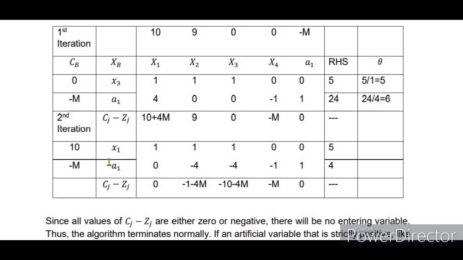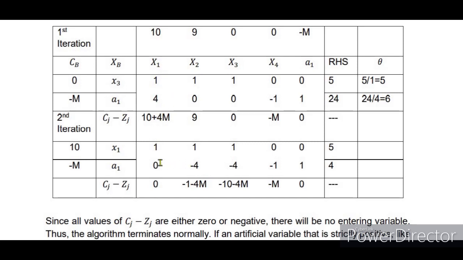Now, what is the pivot element, or the element that lies in the intersection of the highest positive Cj minus Zj and the lowest positive value of theta? It is 1, so we will use 1. We will divide all the elements in the previous row, which is x sub 3 in the first iteration, by the pivot element, which is 1. So we will write all the elements as is because it is 1.